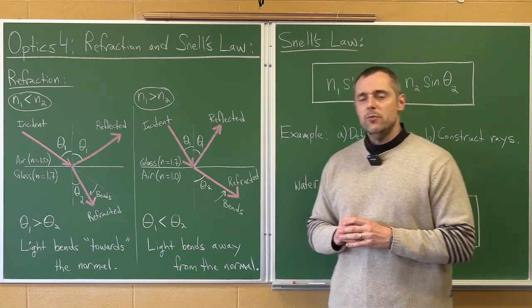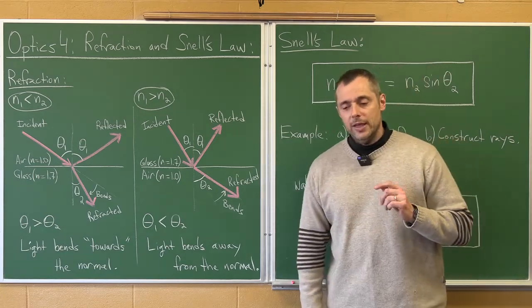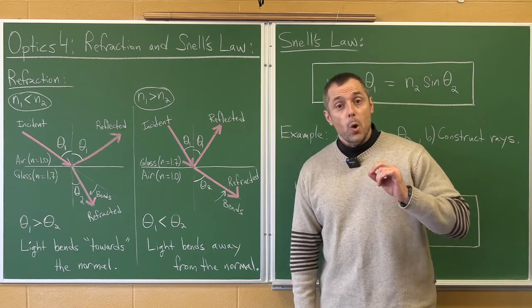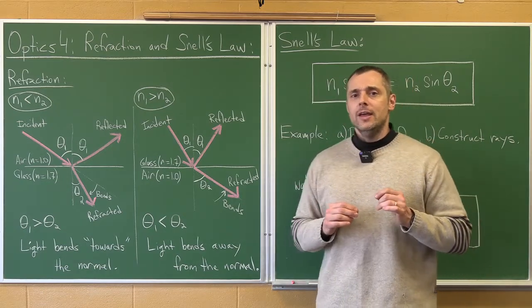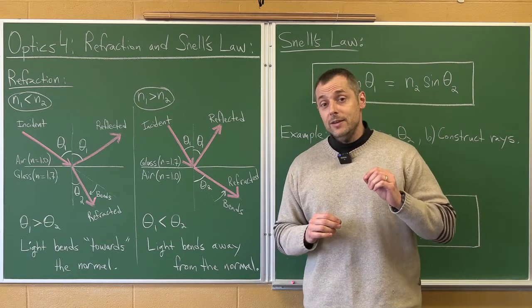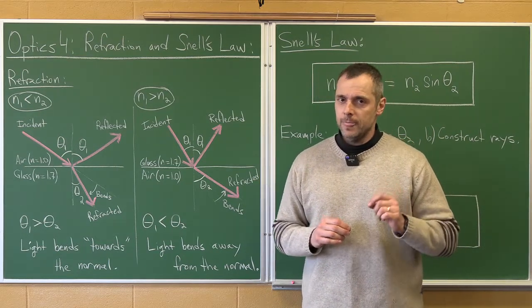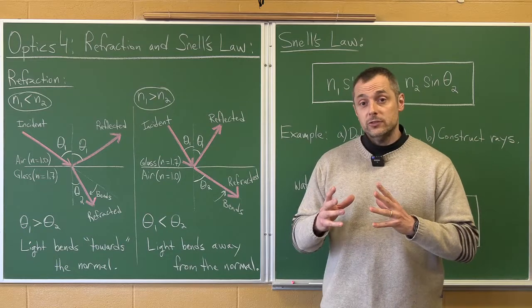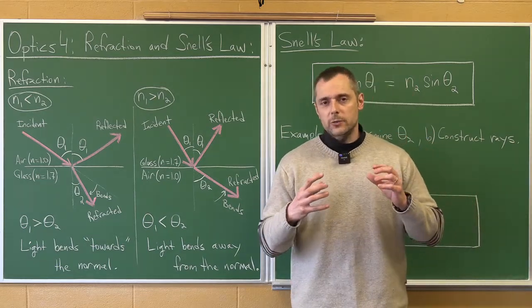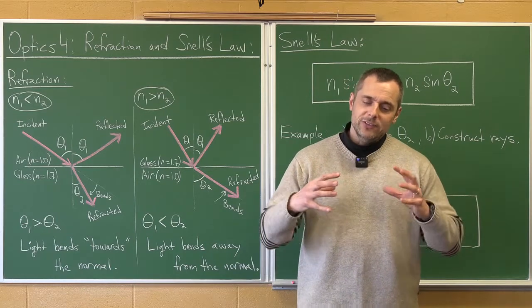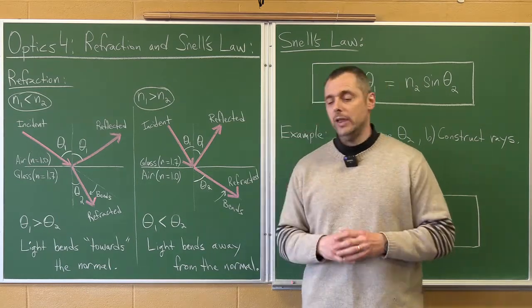All right, before I move on, I want to just explain why this happens. Why does the light bend? Well, you may have already noticed that we're using the index of refraction, which told us that light slows down when it goes to an area where it has atoms, and the more optically dense the material is, the more it slows down.